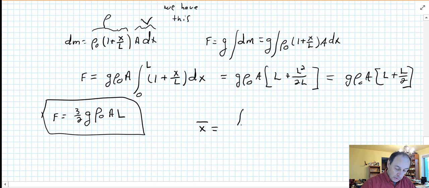Remember, that was the integral from 0 to L of x times g rho 0 A times 1 plus x over L dx.